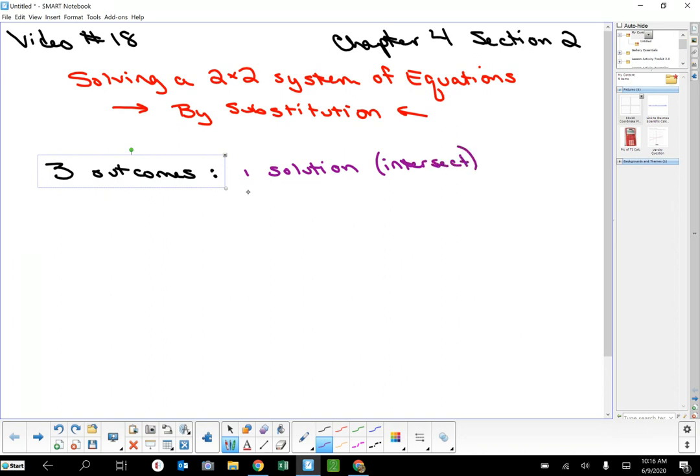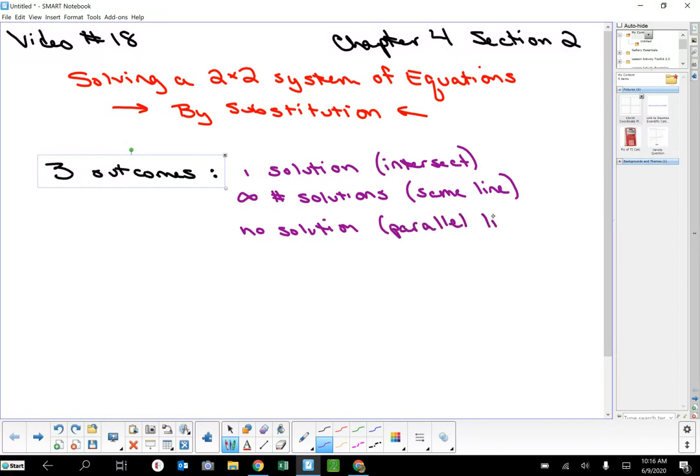You can have an infinite number of solutions if you have the same line graphed twice right on top of each other, and you can have no solution if you had a set of parallel lines, because they would never intersect.